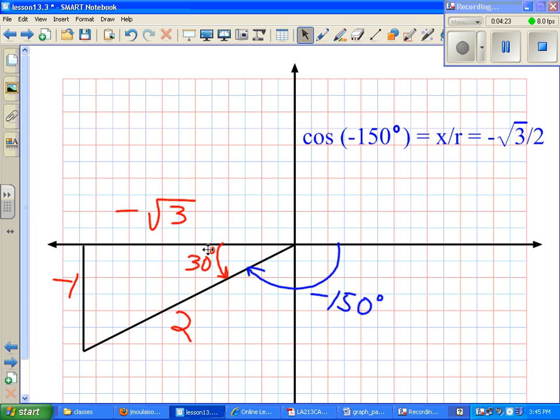I realize I have a 30, 60, 90 right triangle. The ratio of sides is 1 to square root of 3. But in the third quadrant here, both the y value and the x values will be negative. Once again, r is always positive. So the cosine, that's x over r, that will be negative root 3 over 2.